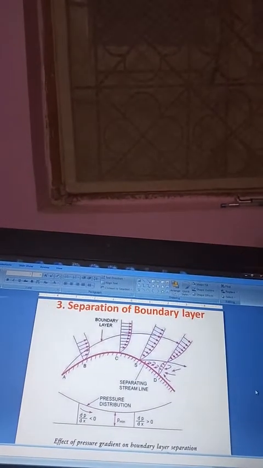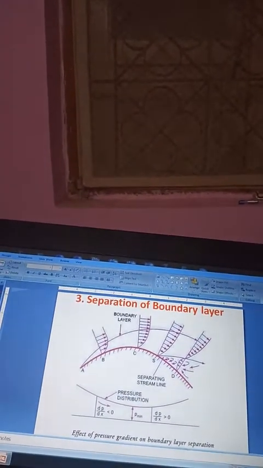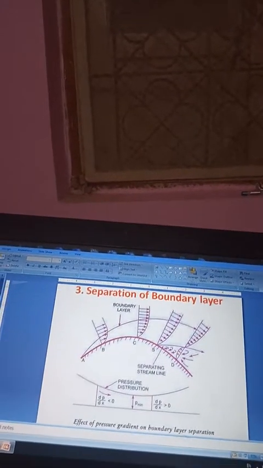That is a favorable condition, as any fluid moves from high pressure to low pressure. If the pressure goes on decreasing along the length, then no problem. The boundary layer will remain attached to the solid boundary.